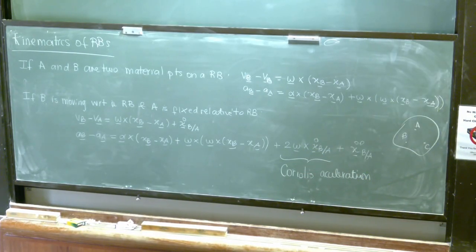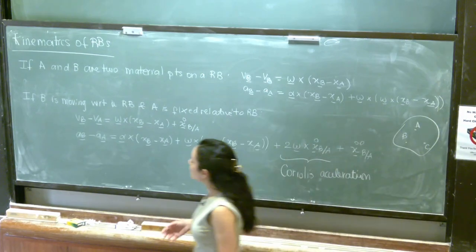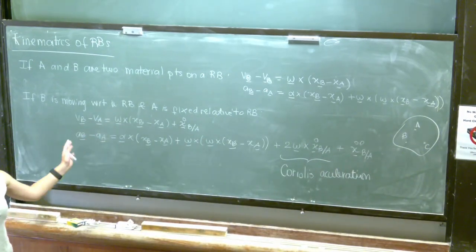Either a rotating frame or a material point moving relative to a rigid body? The merry-go-round, right. So if you have a ball moving relative to the merry-go-round, you can write the velocity of the ball relative to the velocity of some point on the merry-go-round using this equation. Any questions?